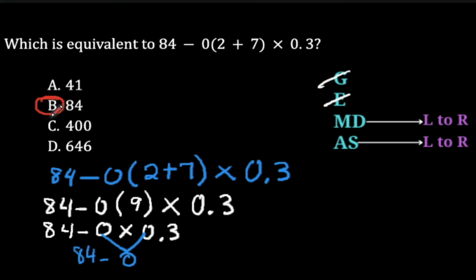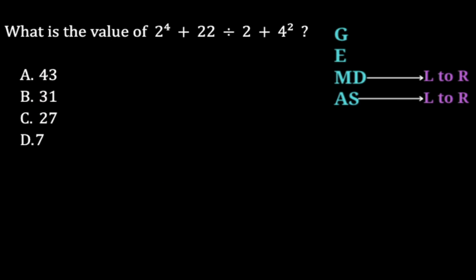Okay, so let's go ahead and move on to another one here. So this asks, what is the value of 2 raised to the 4th power plus 22 divided by 2 plus 4 squared? Let's go ahead and rewrite this.